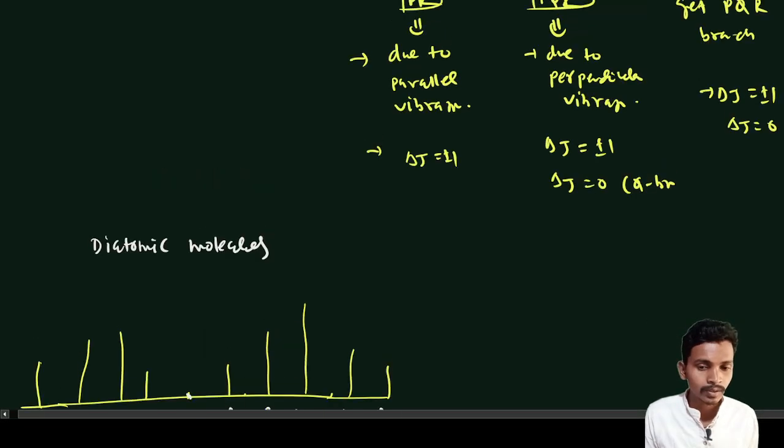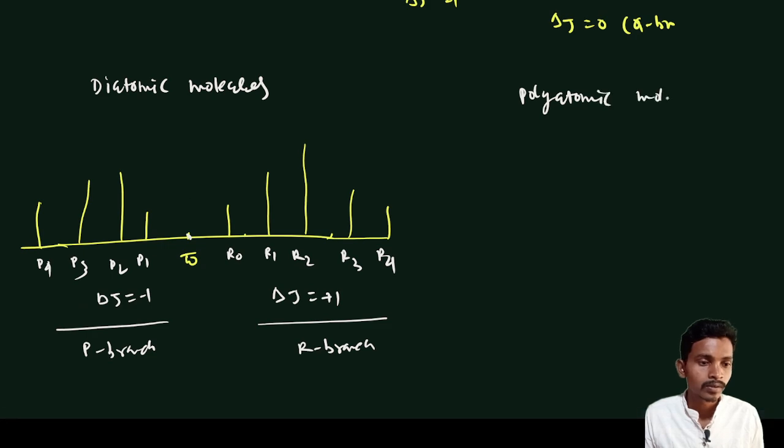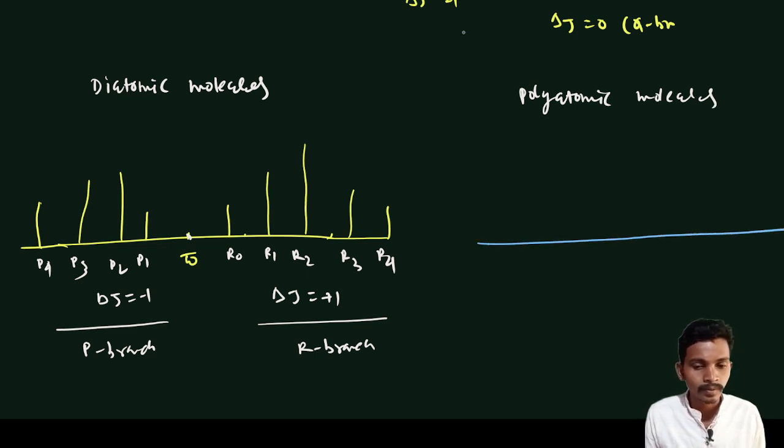Now whenever I discuss polyatomic molecules, the spectra will be like this. Here a dark intensity will come at omega naught, where earlier there was no intensity.